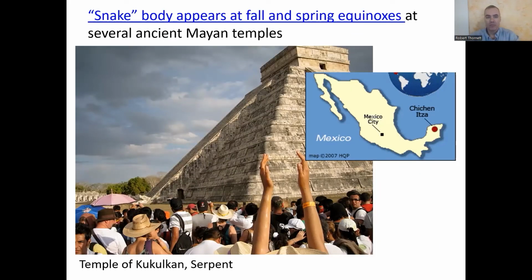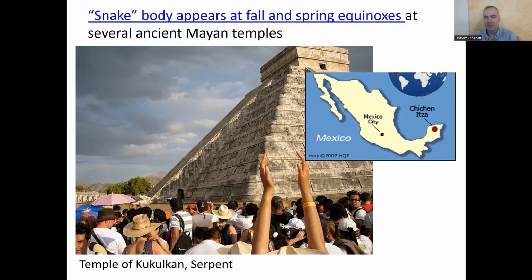And in Mexico, in the Mayan region of Yucatan, which is this peninsula hanging off of Mexico down here, in the place called Chichen Itza, there's a famous temple of the serpent at Kukulkan. And you see in the picture, this temple is designed ingeniously to be a sort of alarm clock for the fall and spring equinoxes.